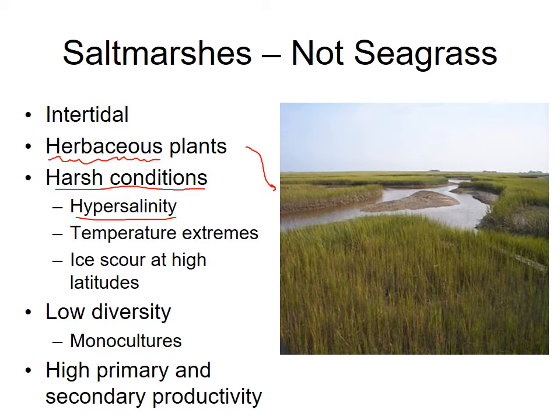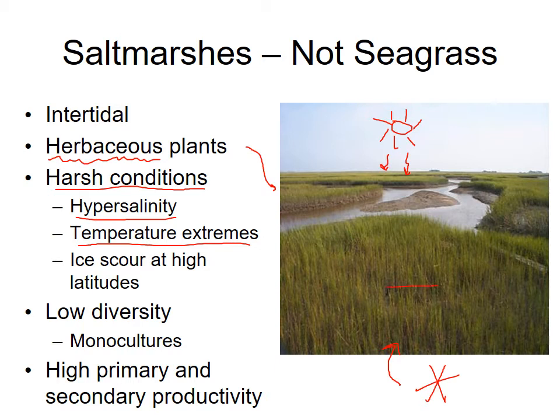Another thing that these plants are exposed to is temperature extremes. It can get really, really hot in the summertime and can scorch the plants, and it can also get really cold in the wintertime, and this is supposed to be a snowflake, and that can freeze the plants.